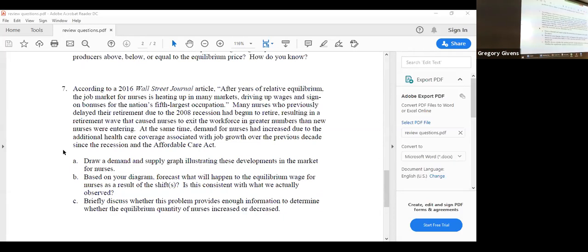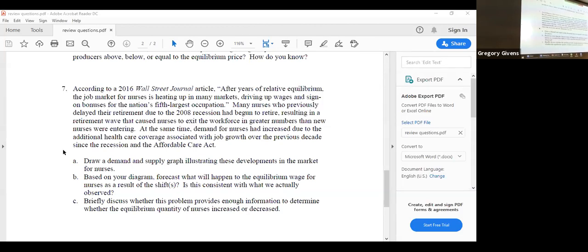Many nurses who previously delayed their retirement due to the 2008 recession tied to the financial crisis had begun to retire by 2016, resulting in a retirement wave that caused nurses to exit the workforce in greater numbers than new nurses were entering. At the same time, demand for nurses had increased due to additional healthcare coverage associated with job growth over the previous decade, as well as the Affordable Care Act legislation.